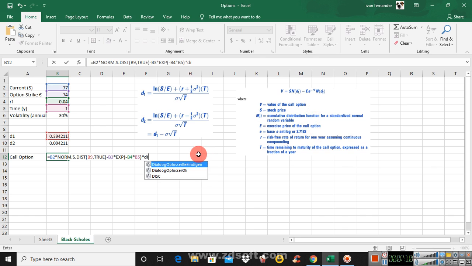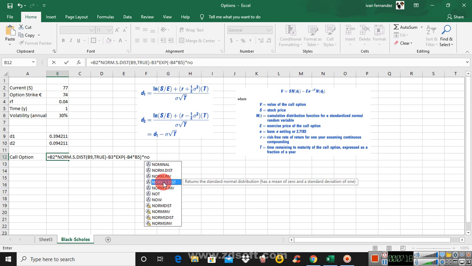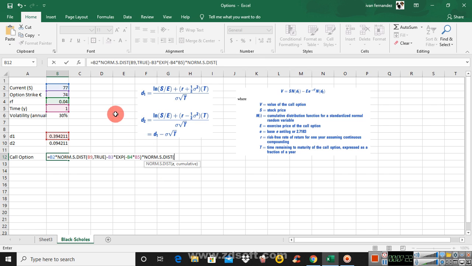So, times the normal distribution with the S in the middle, the norm.s.dist of D2, and we say that it's true, comma true, because it's cumulative.